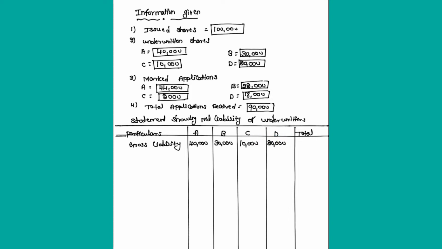Total issued 1 lakh shares to the public. Less unmarked applications. So unmarked applications we have to identify. For that we have a formula.